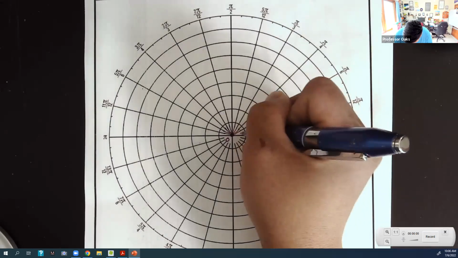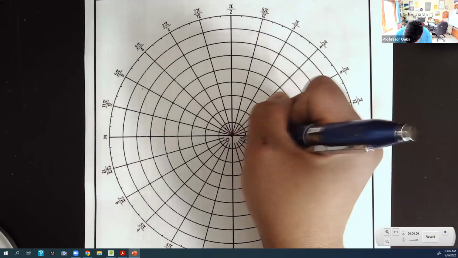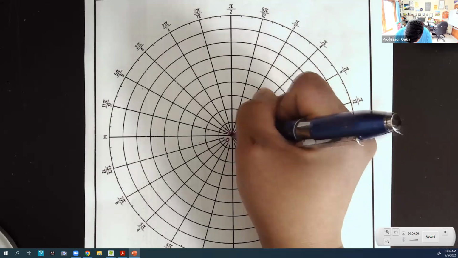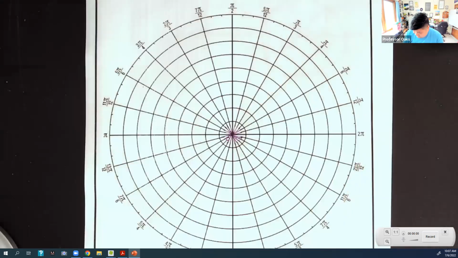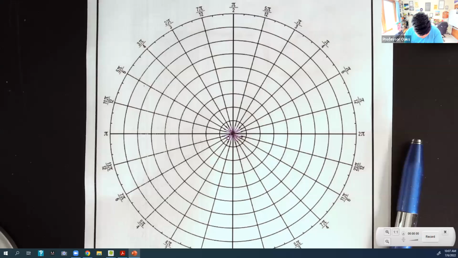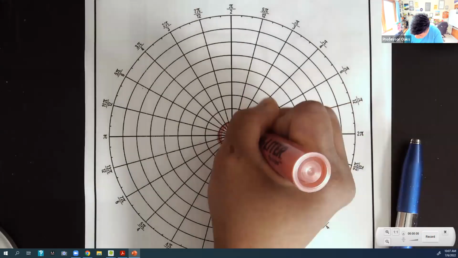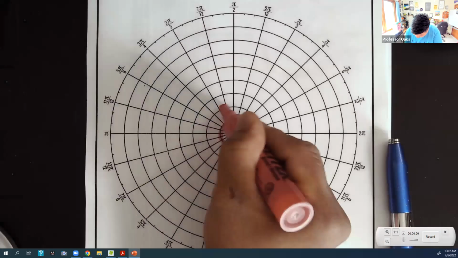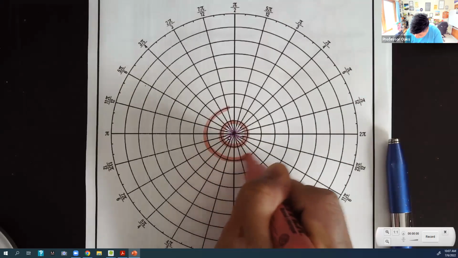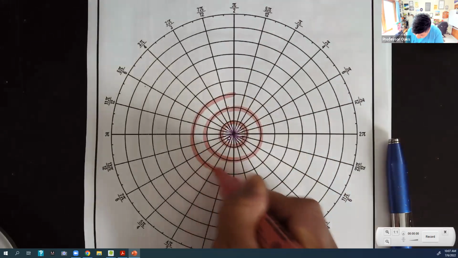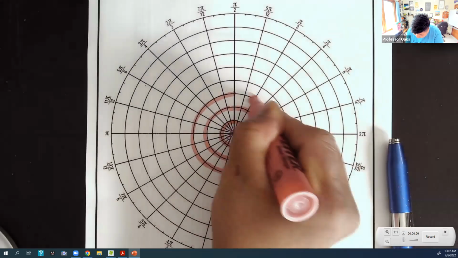But it really should, all of those should go into the center like that, so that you can tell where the radius is at. But this circle right here will have a radius of 1, and then this circle will have radius of 2, and then this circle will have radius of 3, and so on.